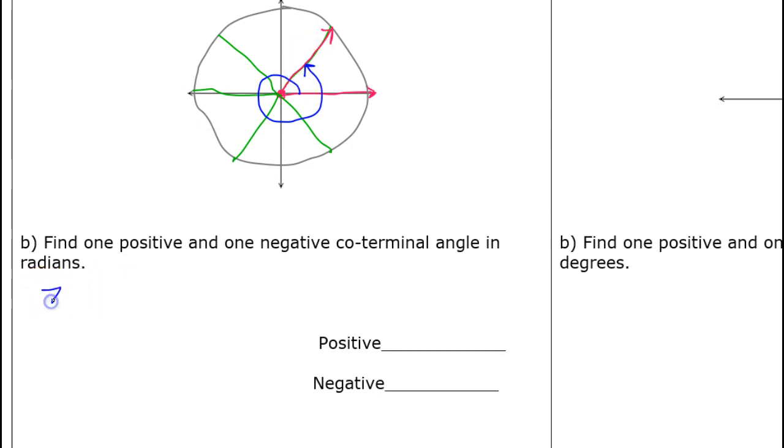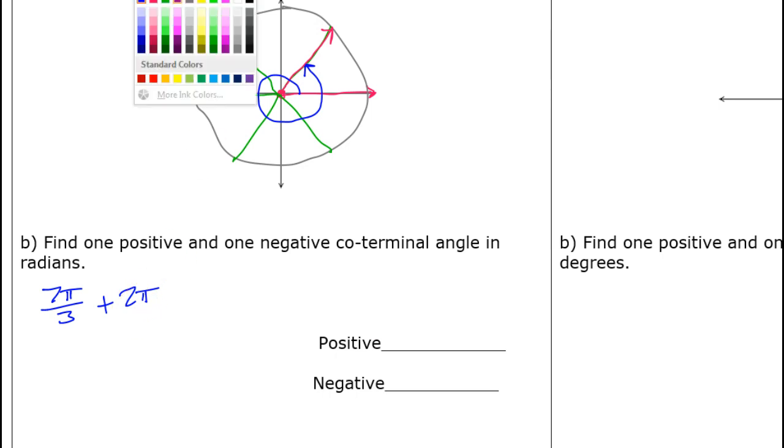So if I start with 7 pi over 3 and go all the way around the circle again, that's an extra 2 pi. So it's a matter of what's 7 pi over 3 plus 2 pi. That'll give me another positive angle that is coterminal.